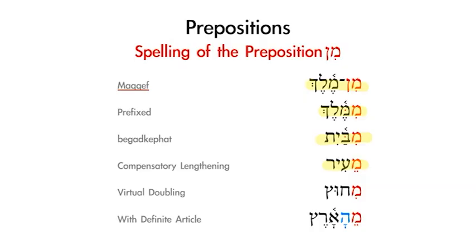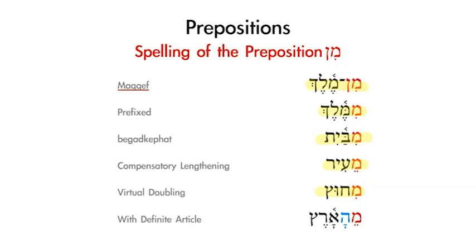In our fifth example, mechutz, the noon has attempted to assimilate into the chet, but that guttural consonant has rejected the dagesh forte. In this case, however, there's no lengthening of the hirik, and that you already know as virtual doubling, or no doubling and no compensatory lengthening.